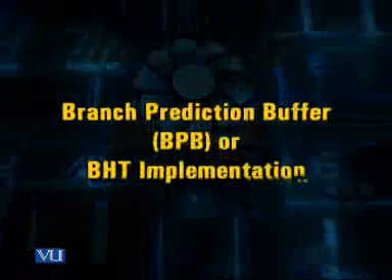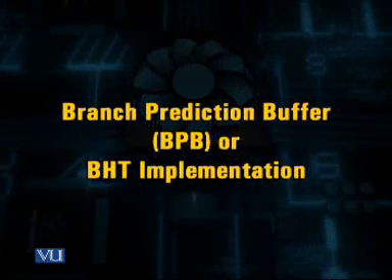Furthermore, if the prediction is wrong, then the prediction bits are changed. In case of predict taken, the state changes from 1, 1 to 1, 0. And in case of predict not taken, the state changes from 0, 0 to 0, 1.